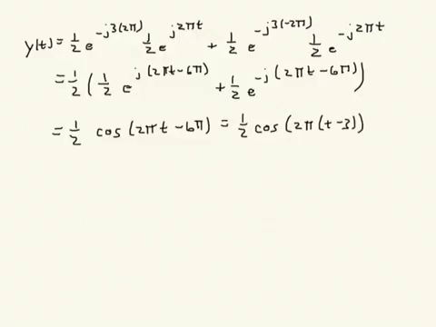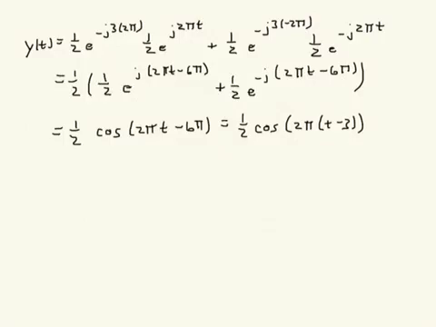If we multiply that through, we can easily see that we get the same expression here that we had here. So the input was a cosine with a frequency of 2 pi, and the output is also a cosine with a frequency of 2 pi, but it's been scaled by a factor of 1/2 and delayed by a factor of 3.